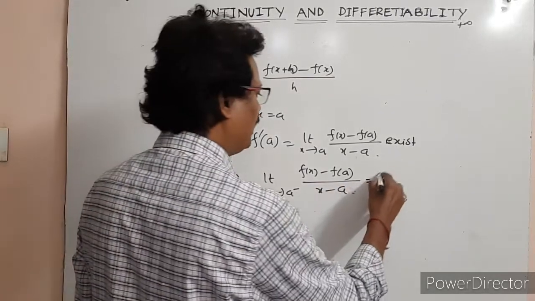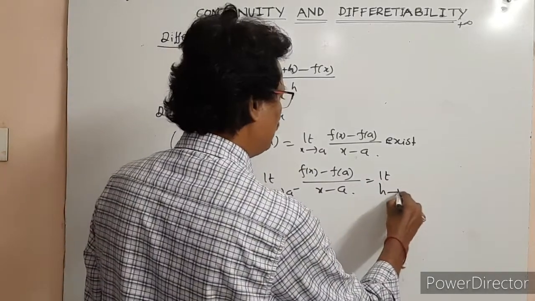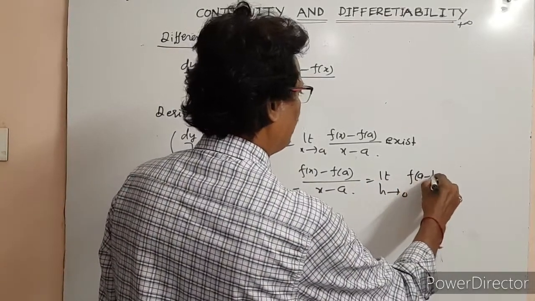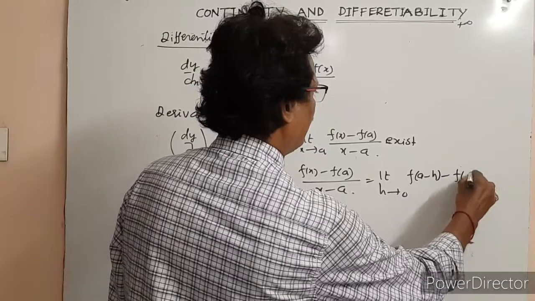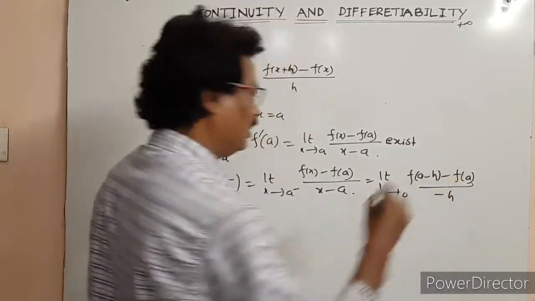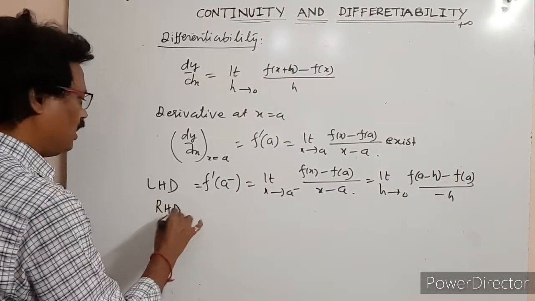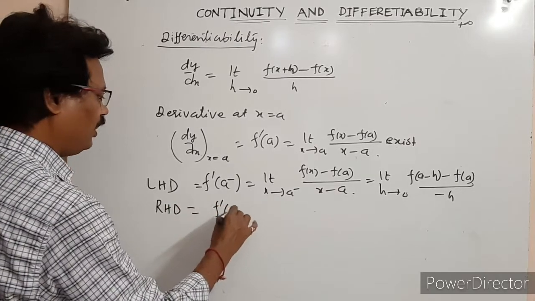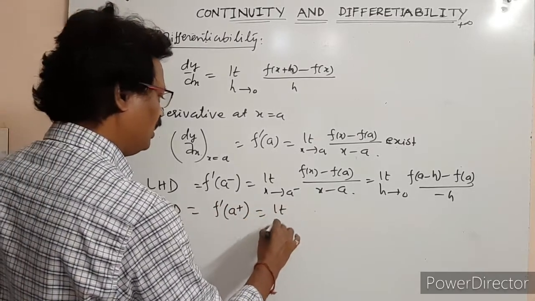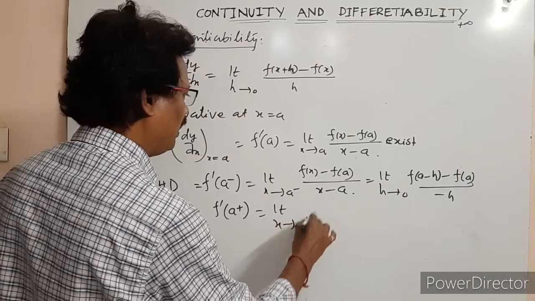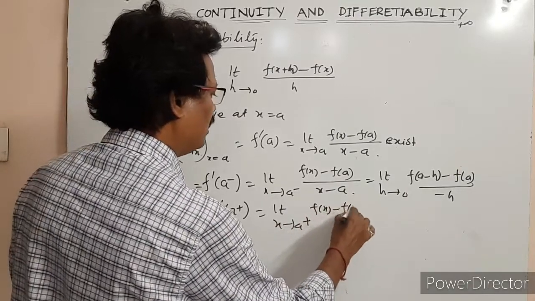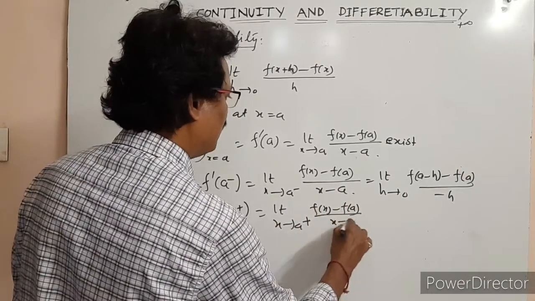And this is also written in terms of h: limit h tending to 0 of f of a minus h minus f of a by minus h. Right hand derivative, RHD, f dash of a plus, limit x tending to a plus of f of x minus f of a by x minus a.